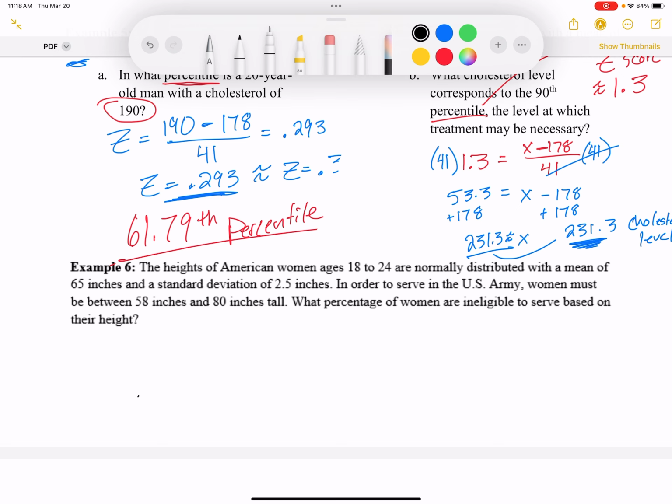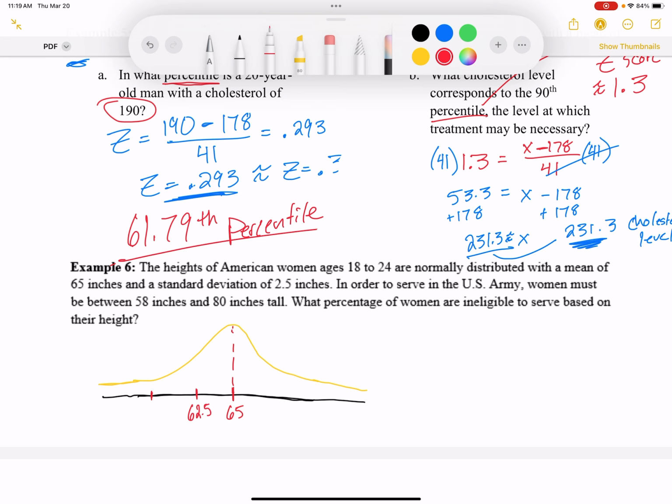So let's start it out. Go ahead and kind of draw a curve. So the mean, right in the middle, is 65 inches, and then a standard deviation of 2.5 inches. So this right here would be 62.5 inches.